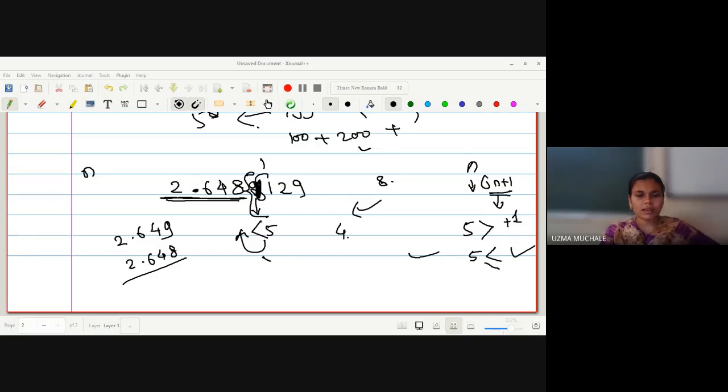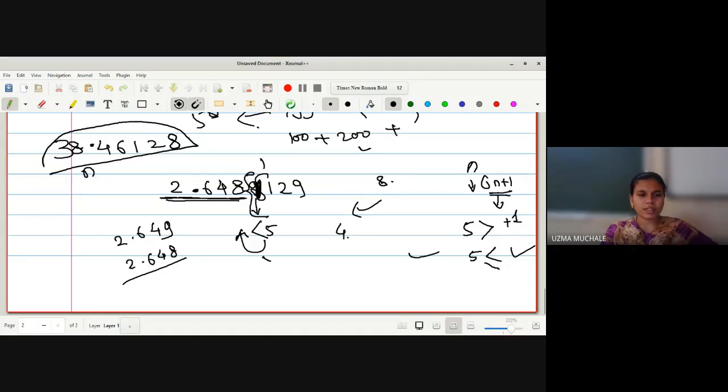So this is the rounding off of a number. A mini MCQ type of question may be possible with this: round off the number up to 4 significant digits, round off the number up to 2 significant digits. They will give you some number. Suppose the number is 38.46128.